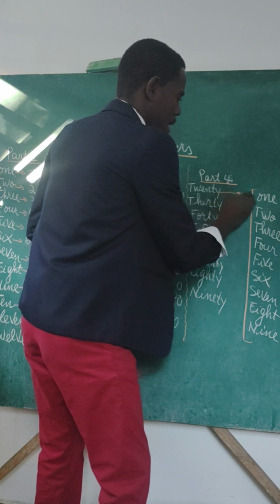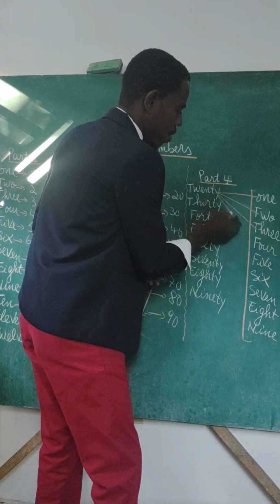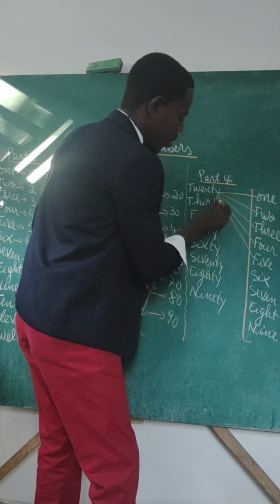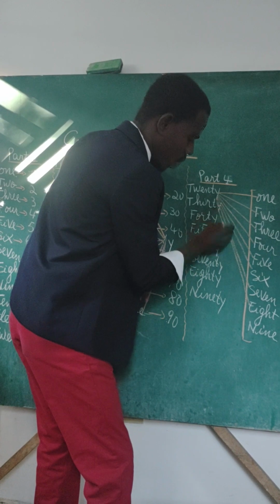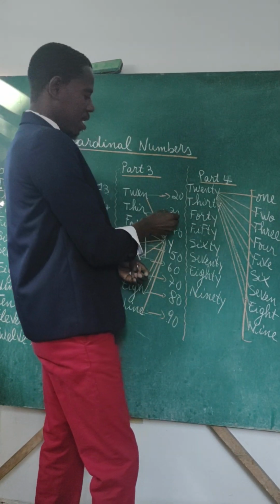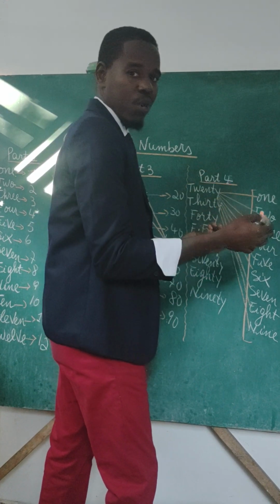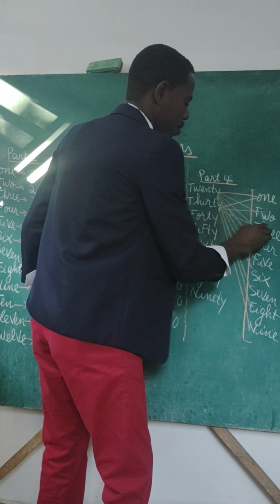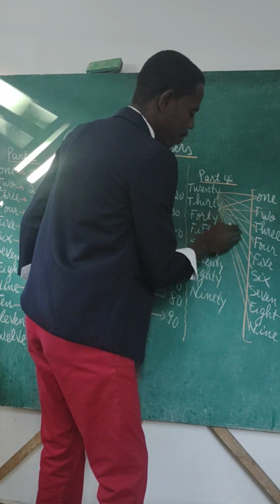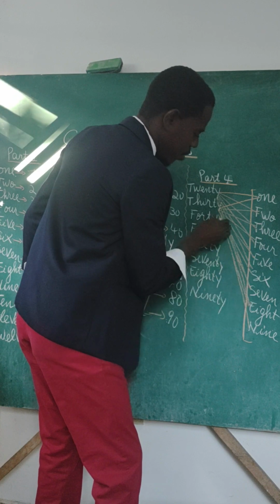You just say 21, 22, 23, 24, 25, 26, 27, 28, 29. How do you say that number in English? You remember? 30. And from 31 to 39, I say 31, 32, 33, 34, 35, 36, 37, 38, 39.